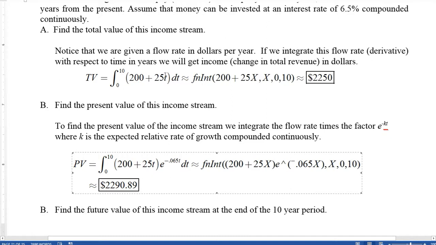If you did it in your calculator, do second enter, and then go back and put that function in parentheses, and then times e to that power, negative kx, for x from 0 to 10, or just enter it in like this, as it looks in your calculator. And you get $2,290.89. So that's the present value.